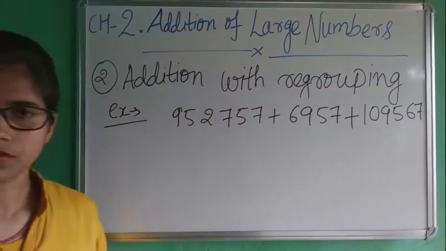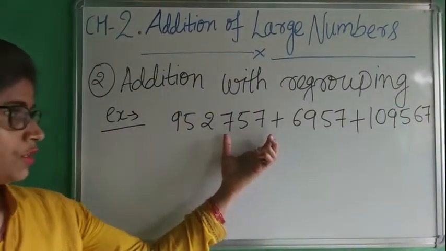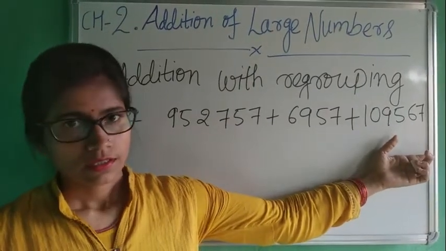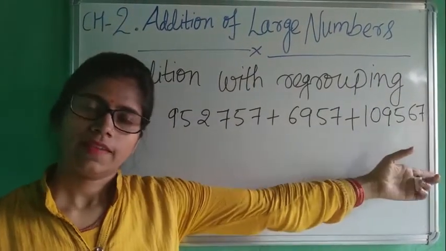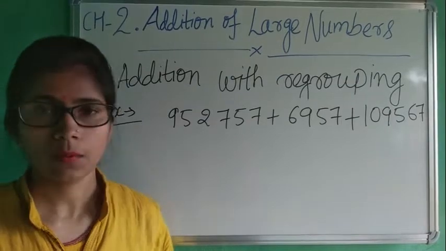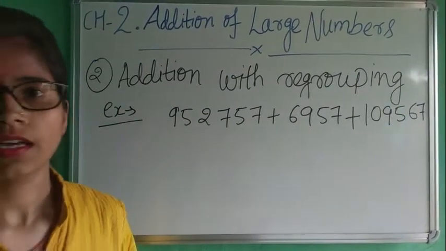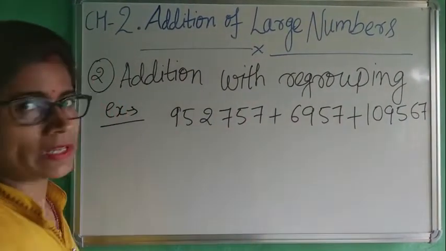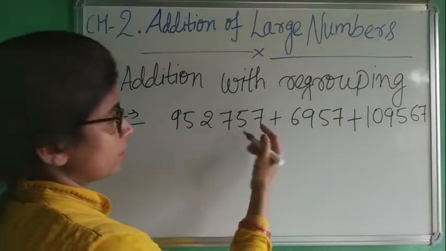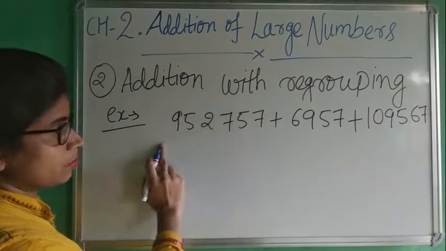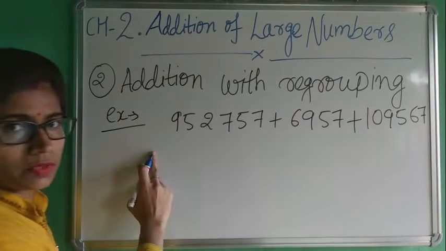These are the numbers. Okay students, you have to arrange these according to place value and then you will add. So how? Firstly, arrange according to the place value. So this is your largest number among these 3 numbers.